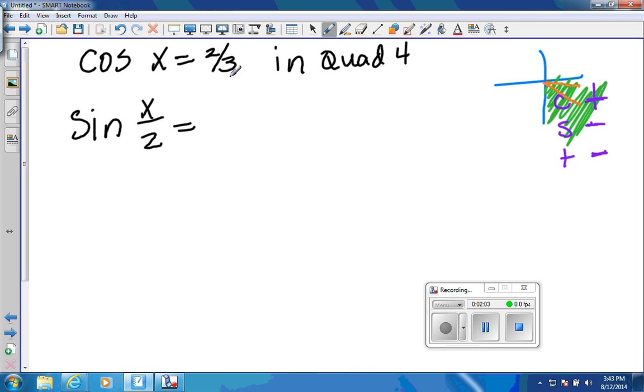All right, so we know that cosine is 2/3, and we're supposed to figure out what sine of x over 2 is equal to. So then from your properties, you know that anything over 2 for sine is equal to plus and minus the square root of 1 minus cosine of x all over 2.